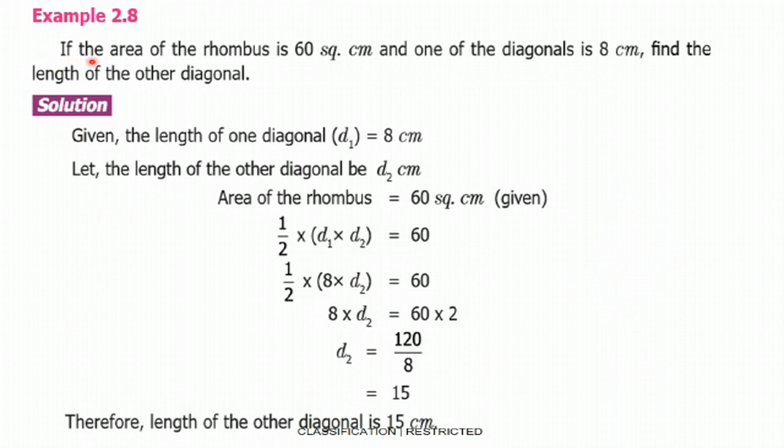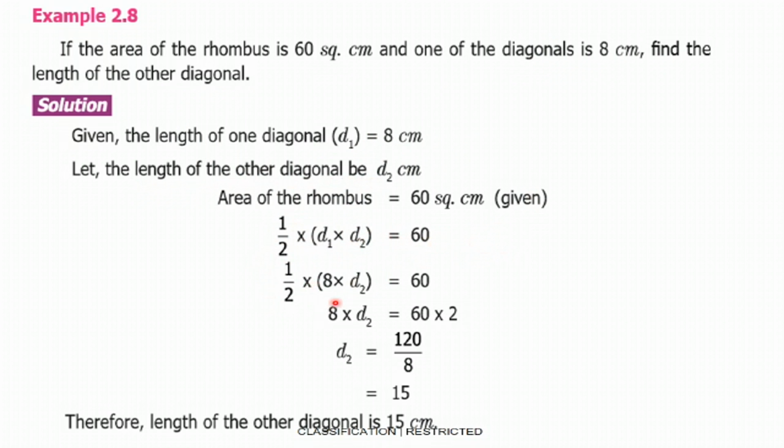Next, here the area of the rhombus is given, 60 square centimeter. One of the diagonals, D1, is 8 centimeter. We have to find out D2. So D1 equals 8 centimeter. We have to find out the length of the other diagonal D2. So first you write the formula, half into D1 into D2 equals 60.